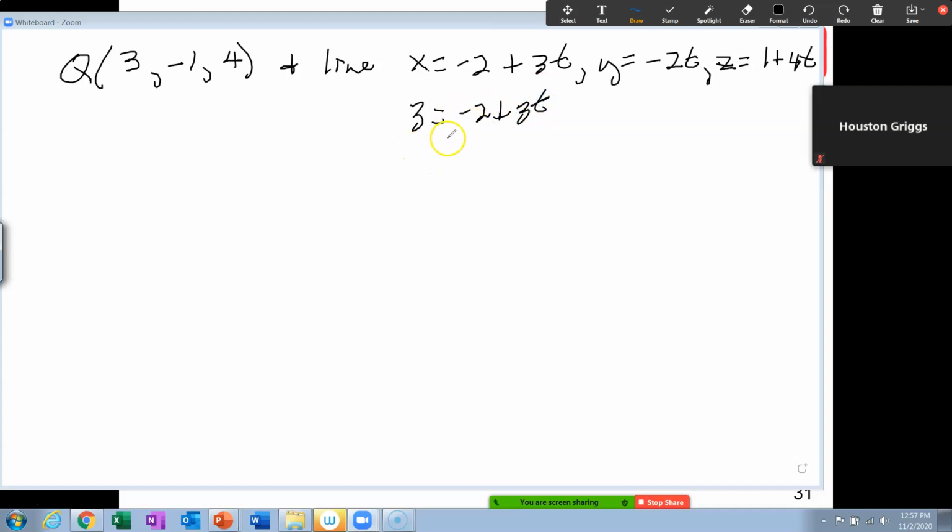Add 2 to both sides, this will give you 5 is equal to 3t, so t would be 5/3. That would be your parameter. Well, if you put 5/3 in here, y would be -10/3. Well, that y is not -10/3. So sure enough, that point here is not on that line. So that was just a verification.